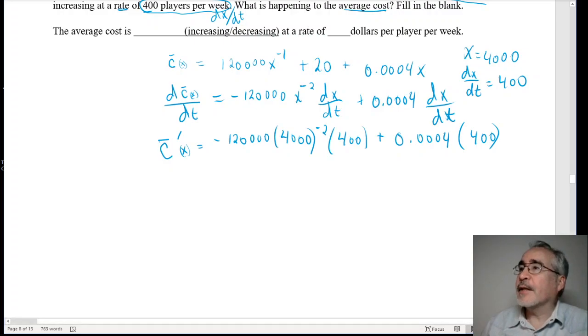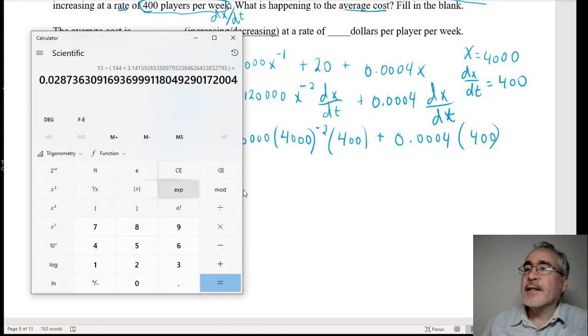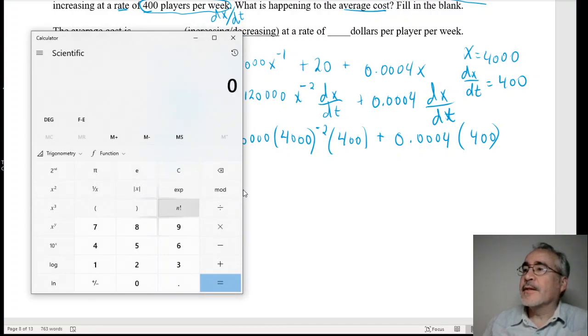Looks like I got it right. Okay, so let's pull up a calculator. Try to get the order of operations. So I've got 120,000, and that's a negative number, times 4,000. Use this x to the y raised to the negative 2.